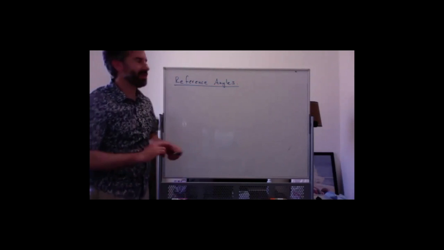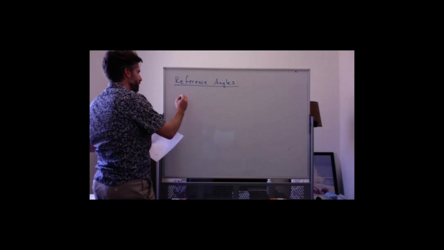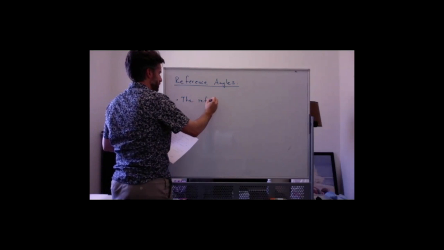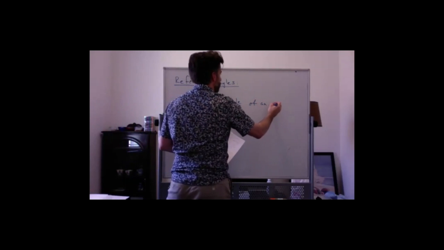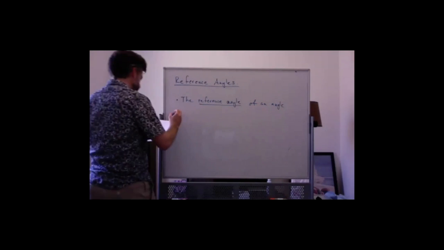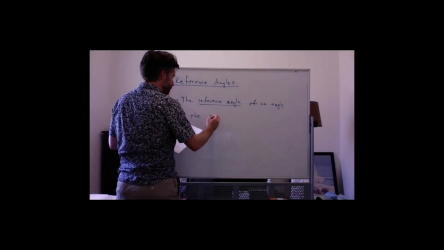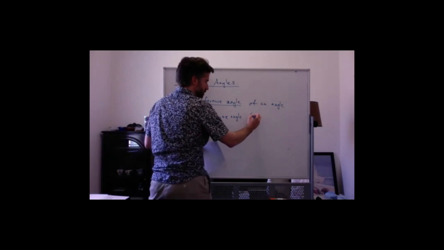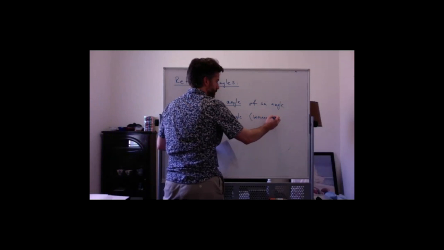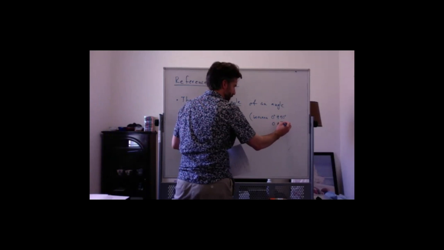So what is a reference angle? The definition is a little bit wordy. I'm going to kind of abbreviate it. So the reference angle of an angle is the acute angle, meaning an angle between 0 degrees and 90 degrees, or 0 radians and pi over 2 radians.